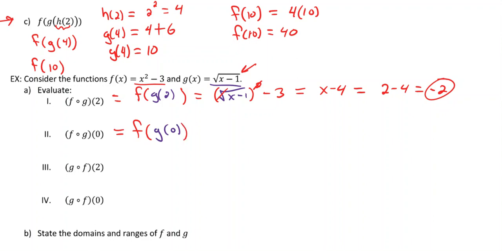Let's just figure out what g of 0 is first. G of 0 doesn't exist, right? So it does not exist.